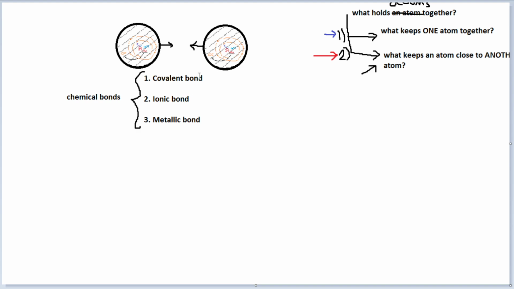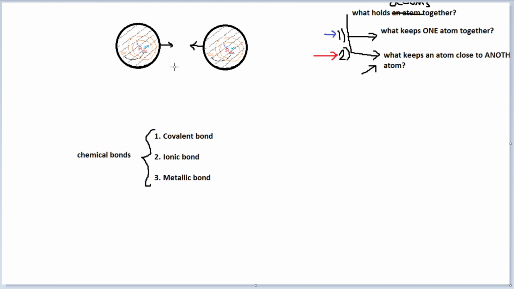Now, depending on which force is holding the atoms together, the thing you get afterwards gets a different name. In other words, let's just move this down a little bit. This atom on the left is attracted to this atom on the right. That's what all these arrows are for.